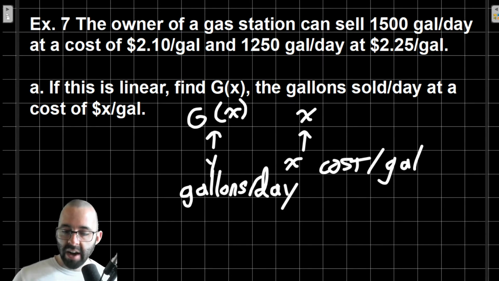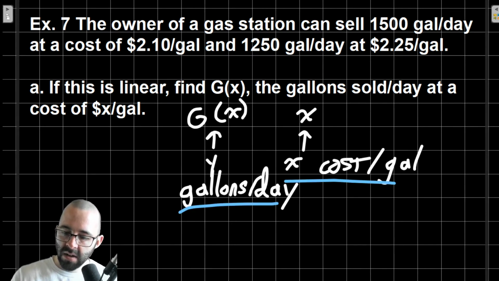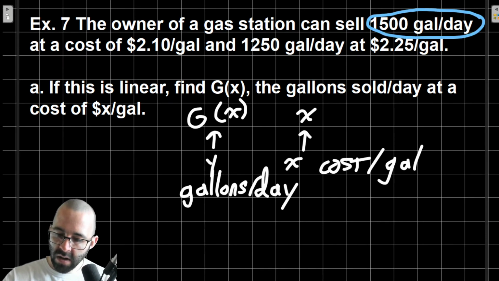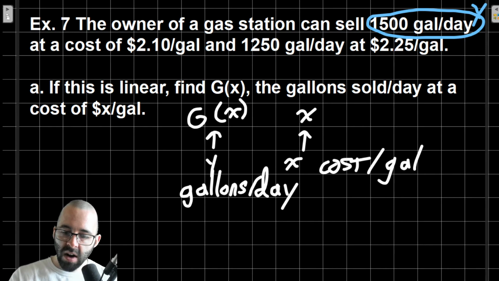So let's just find our x values and our y values. So notice it can sell 1,500. All right, is 1,500 our y or our x? Well, it's 1,500 gallons per day. So right here, this is a y value at a cost of $2.10 per gallon.